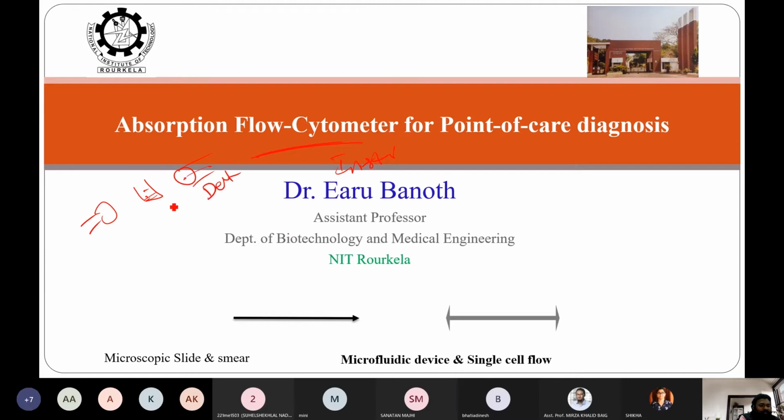Whatever light is coming from here, some of the light we are losing here, and the remaining light reaches the detector, which we measure through electronic components, where the input is photons and the output is electrical signals, either current or voltage, whatever we are taking.